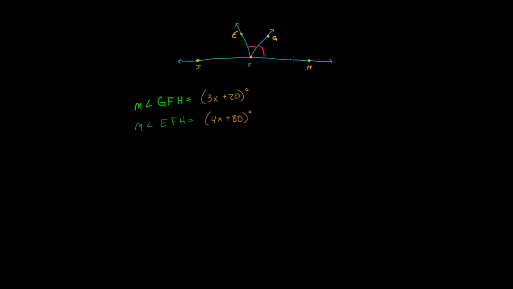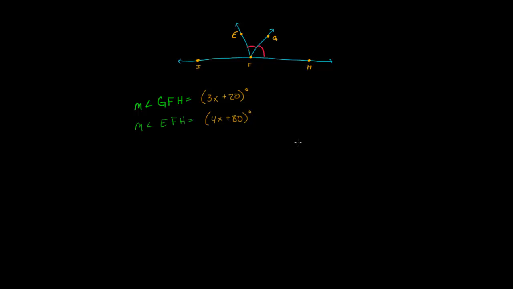It says that ray FG bisects angle EFH, and then it asks you to find the value of x. The measure of angle GFH is equal to 3x plus 20 degrees. The measure of angle EFH is equal to 4x plus 80.